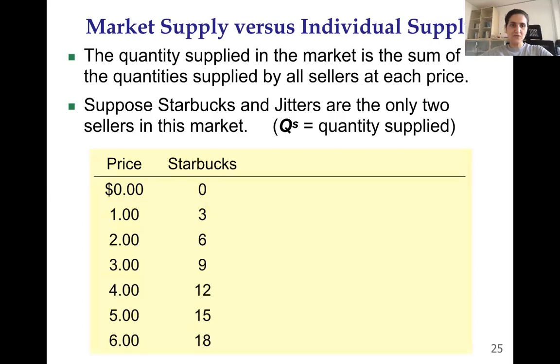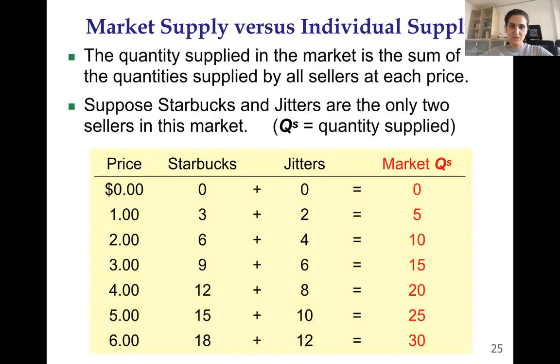For these prices, Starbucks' supply levels are like this, and Jitters' supplies are like this. To find the market supply, for each given price, we sum the quantity supplied by Starbucks and Jitters. Market supply will be like this for each price level.